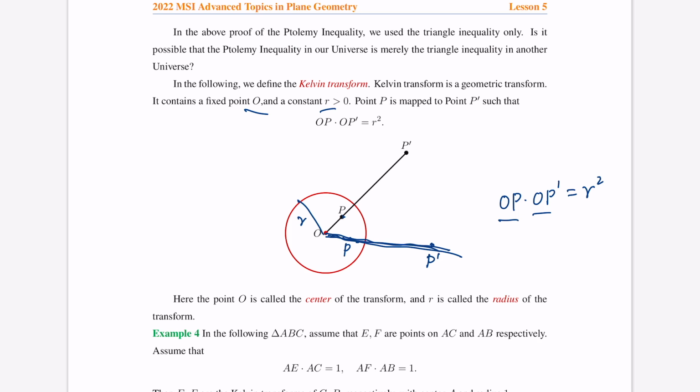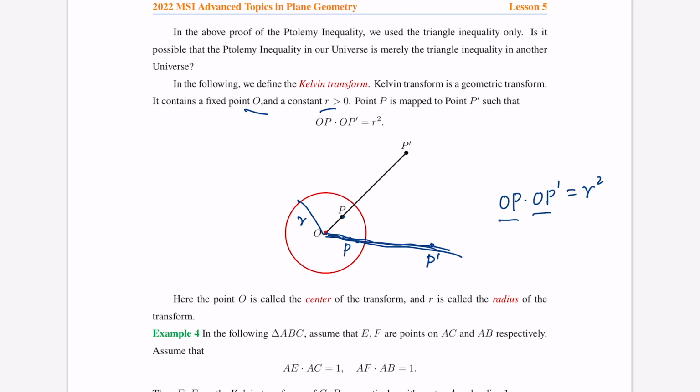Essentially, other than the point O, every point in the Euclidean plane can be transformed to another point in the Euclidean plane. Okay, you can think they are not sitting in the same Euclidean plane, they are sitting in different Euclidean planes. And so then the Kelvin transformation sends a point in the first Euclidean plane to another point in the second Euclidean plane, and that's called a transformation.